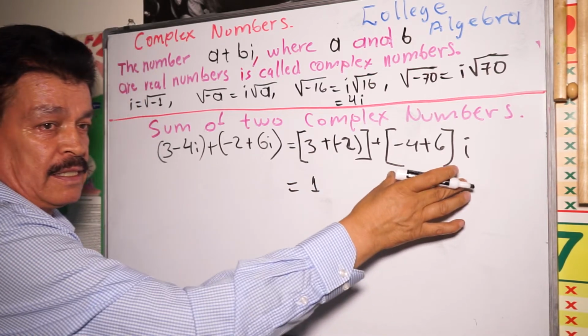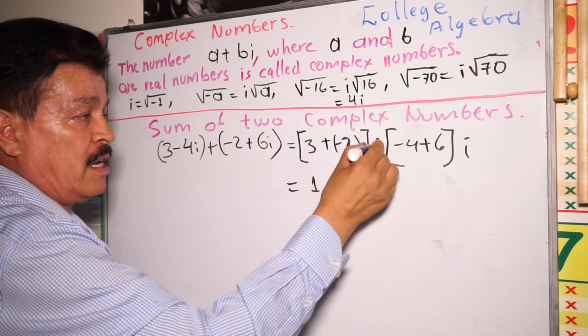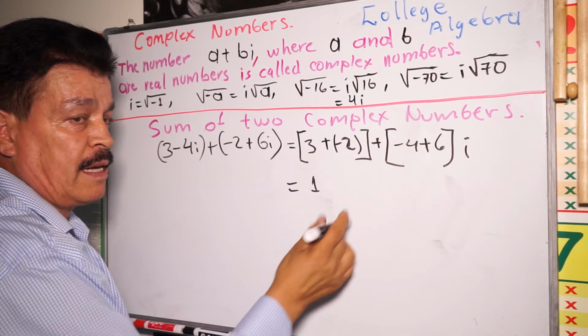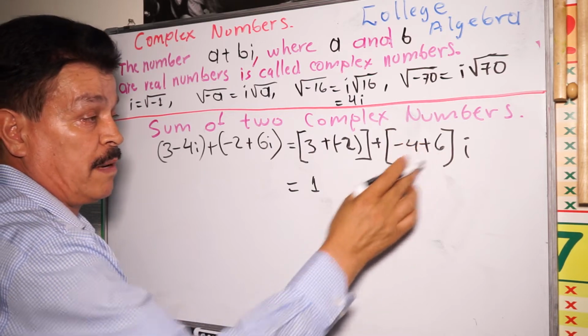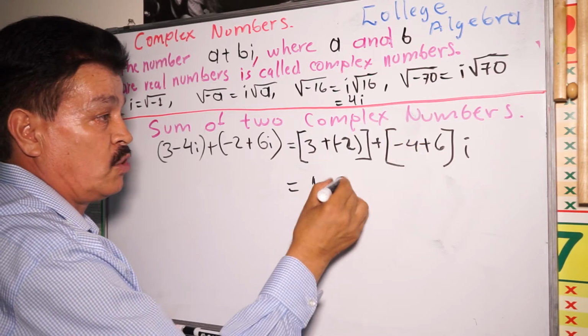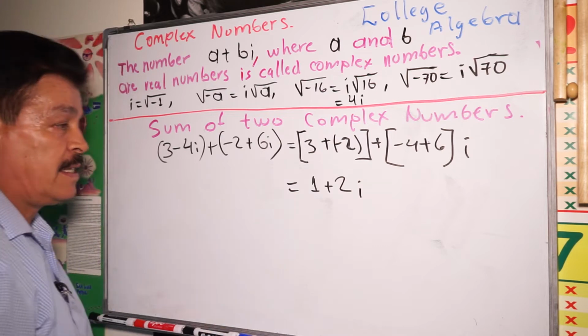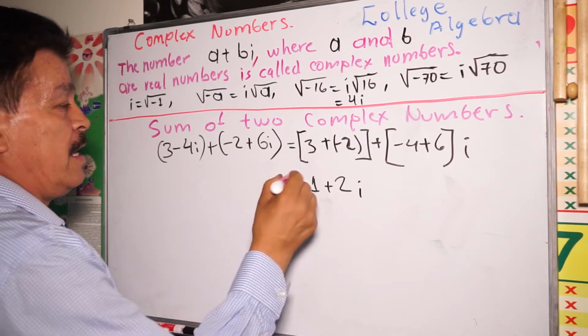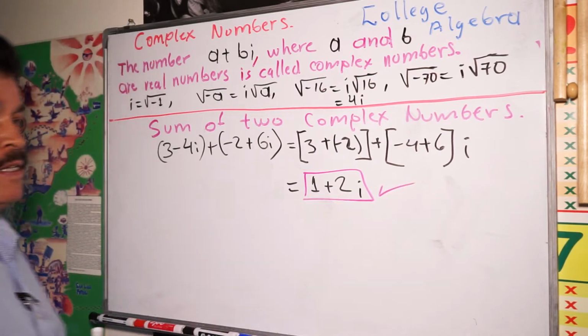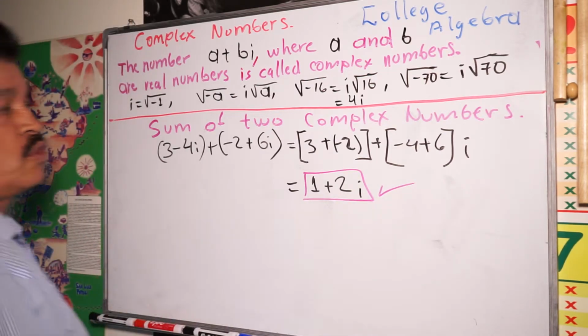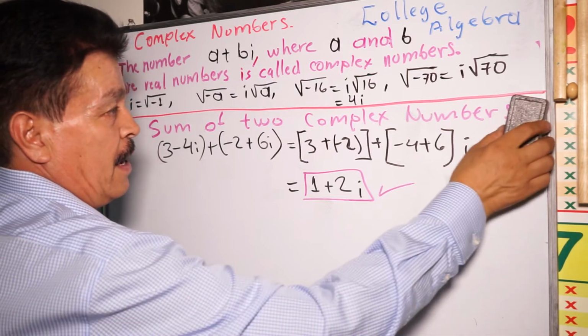And on this side, the complex part is minus 4 plus 6, which is plus 2i. This is the answer. Okay? This is the answer. All right, sum of two complex numbers.